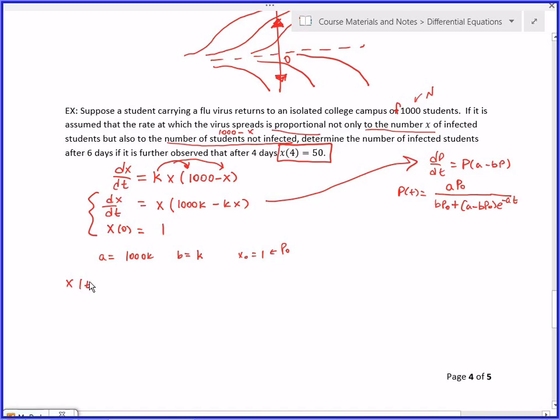So x of t, I can now write the solution down immediately because it's a logistic model. On top I have a p naught, so 1,000k times 1, divided by k times 1 plus (1,000k minus k times 1) e to the minus 1,000k times t.